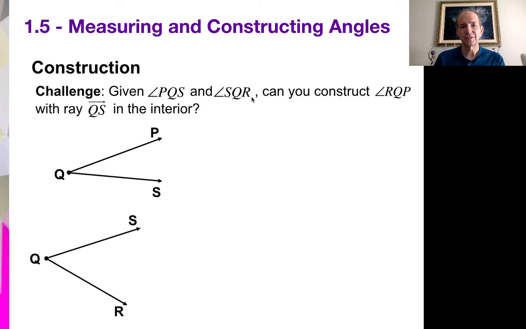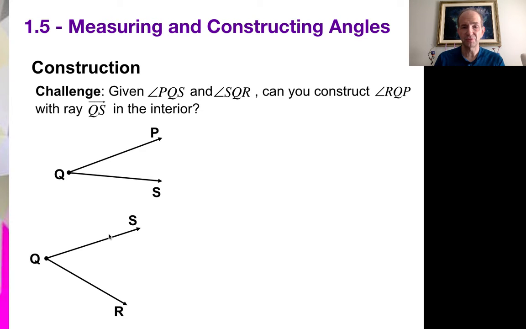Now here's a little challenge. I'm going to give you two angles. I'm going to give you PQS, and I'm going to give you SQR. Now you can see right away S and Q are really the same ray. It's just that I drew them at two different places.